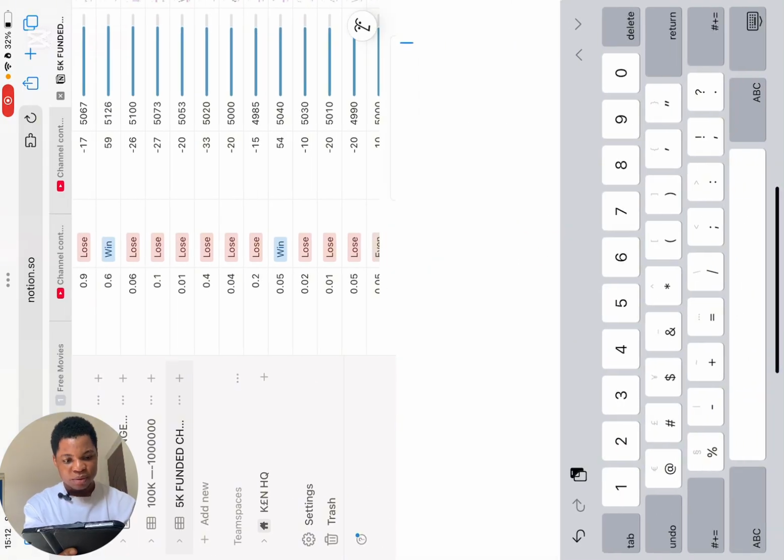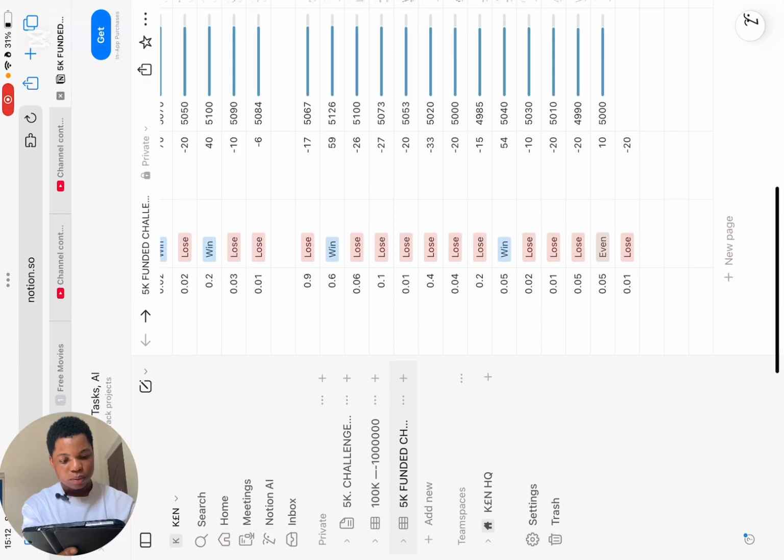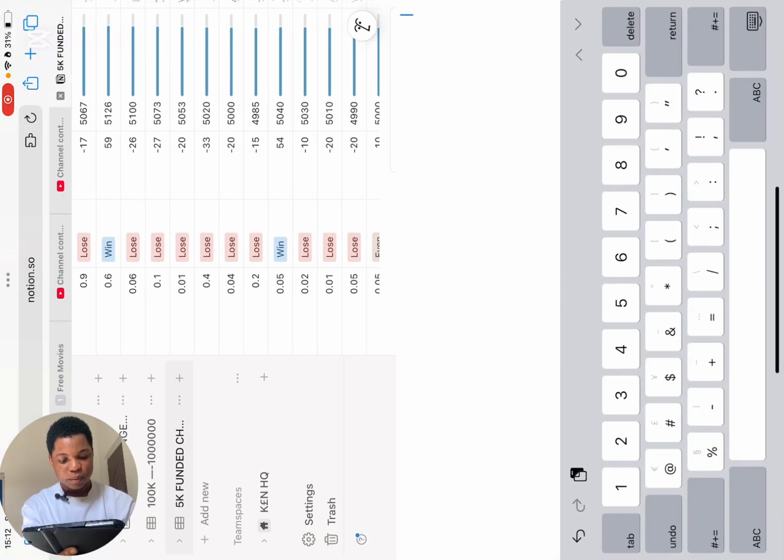I don't know why it's going blank over there. Minus 20. So we have $4,976. Let me quickly journal it.